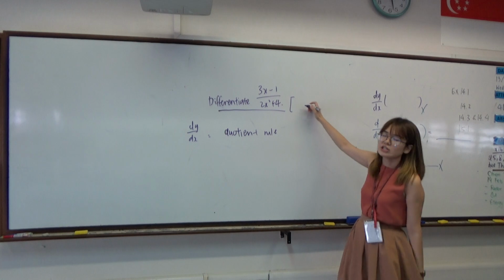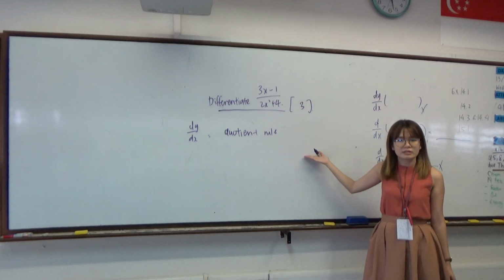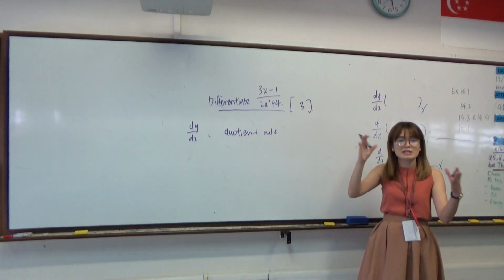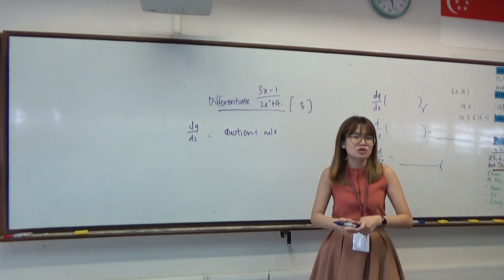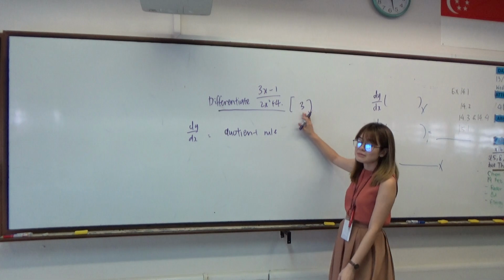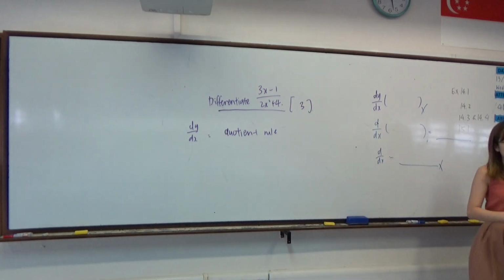But the thing is that this question, say for example, is 3 marks. Does it make sense that you just leave your answer like that? No, right? Surely cannot be just simply applying quotient rule, you never simplify anything and then we give you 3 marks straight, correct or not? So please make sure that you have some sense. For 3 marks surely they will expect you to do some simplification.